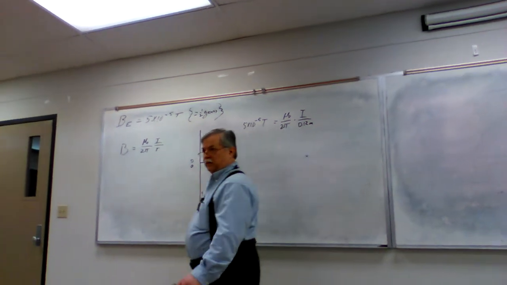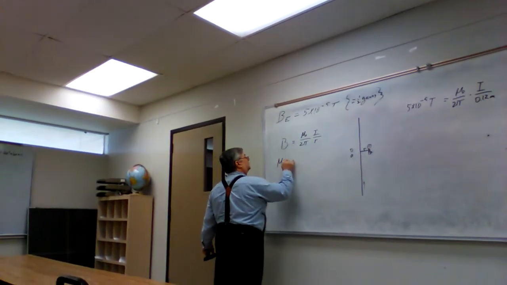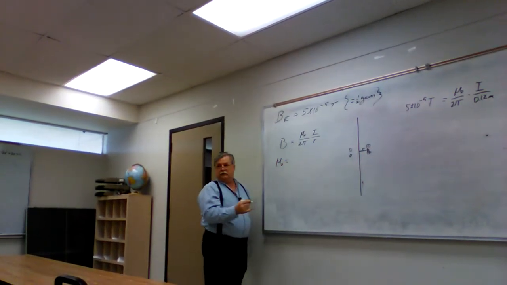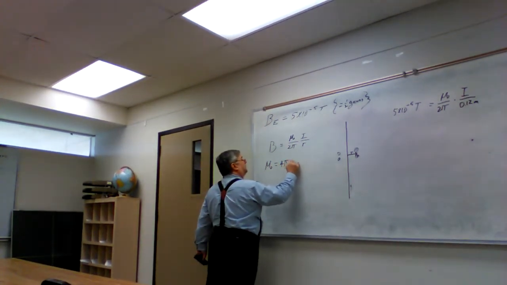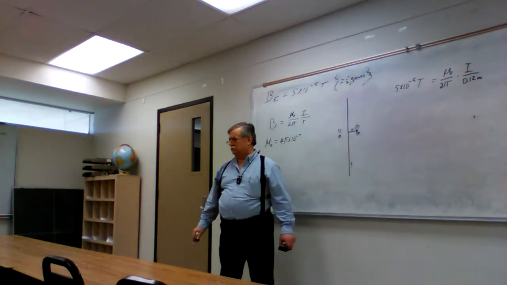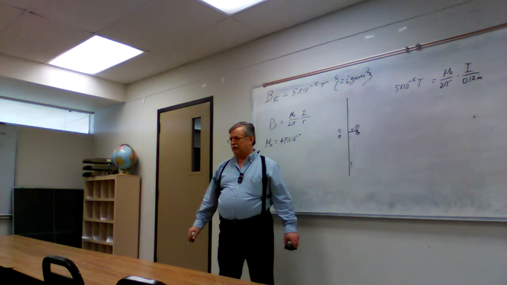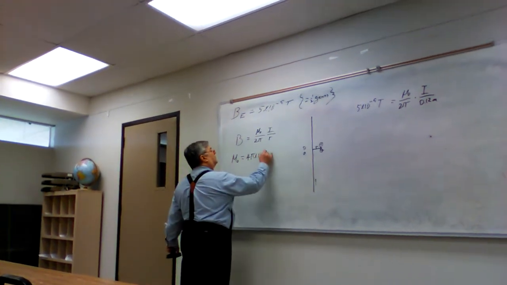Does anyone remember what mu sub naught is? Permeability of free space. Beautiful. 4 pi times 10 to the minus 7. Is it minus 7? Should be minus 7, right? Somebody confirm that. All right.